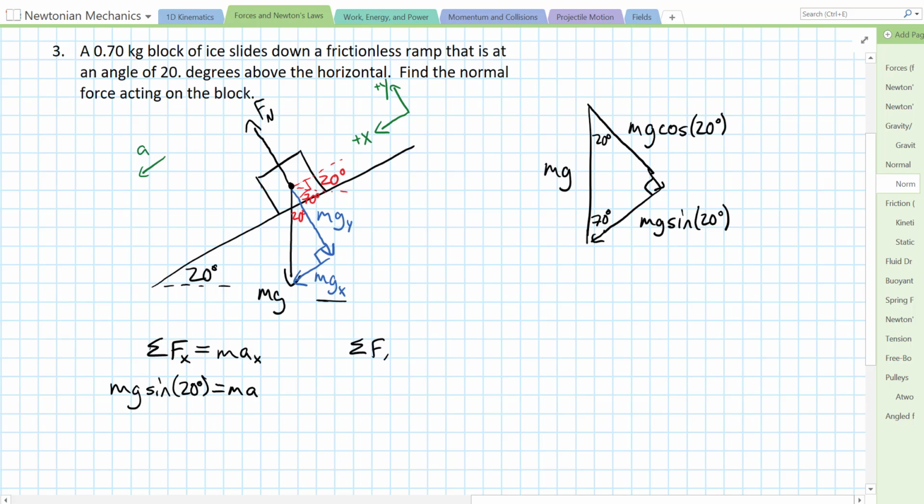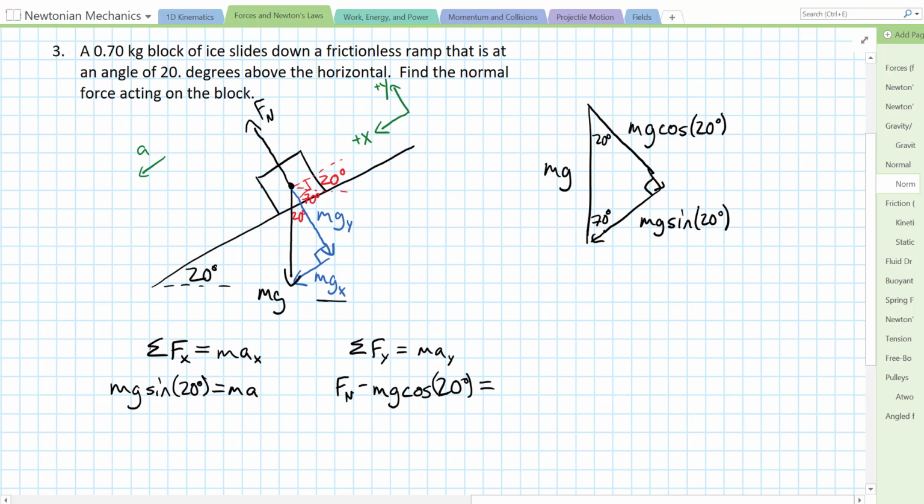In our y direction, sum of the forces in the y equals mass times acceleration in the y direction. Well, we have two forces in the y direction. We have the normal force pointing in the positive y, and the y component of gravity in the negative direction. That's mg cos of 20 degrees. And that's equal to mass times acceleration in the y.